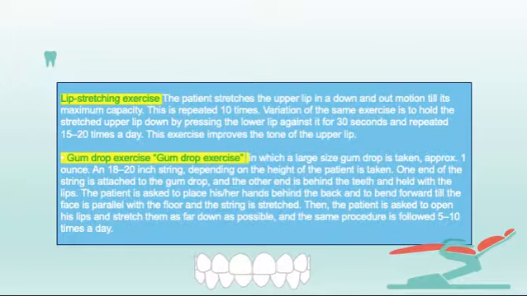The patient is asked to place his or her hands behind the back and bend forward till the face is parallel with the floor and the string is stretched. Then the patient is asked to open the lips and stretch them as far down as possible, and the same procedure is followed 5 to 10 times a day.